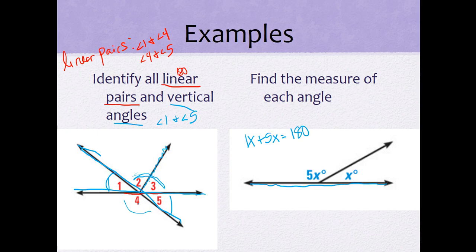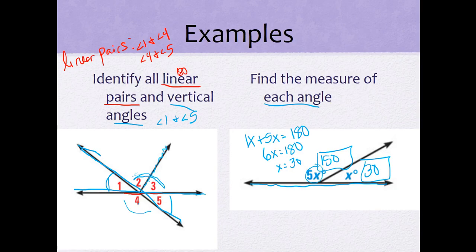I have 1x and 5x, which is 6x. Now I can just divide by 6 and get 30. It says find the measure of each angle, it doesn't just say find x. So we know x is 30, so this angle over here is 30. This is 5 times 30, or 5x, which is 150. So 150 and 30 are my two angles.